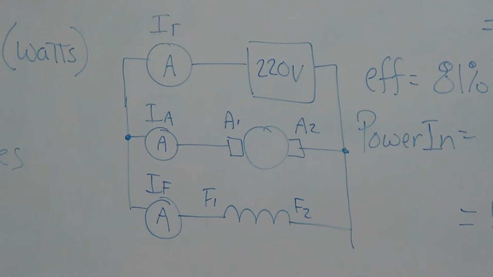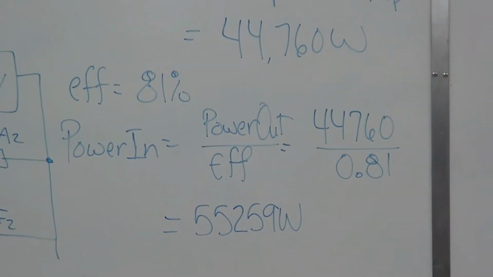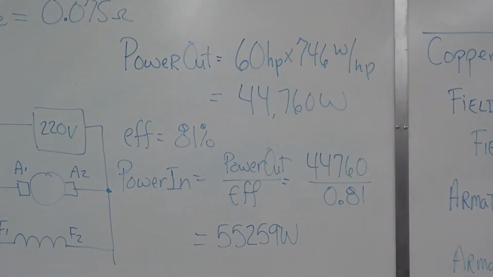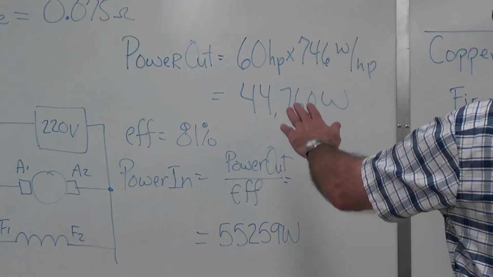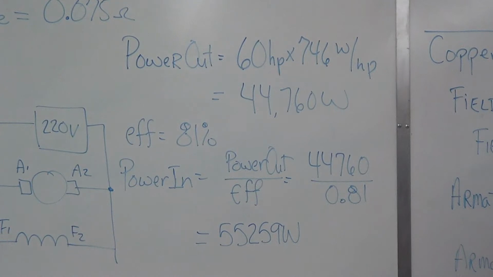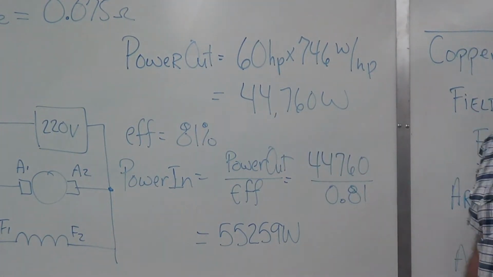Now, the first thing we want to calculate is our total power input, in watts. Power out is 60 horsepower times 746 watts per horsepower, which gives us 44,760 watts.